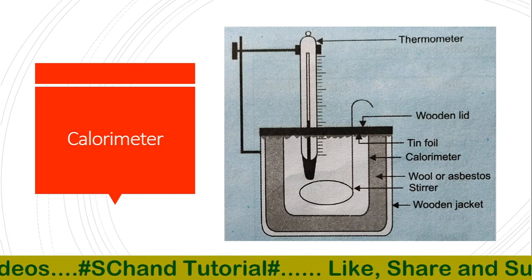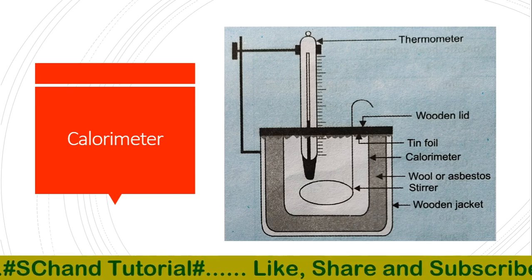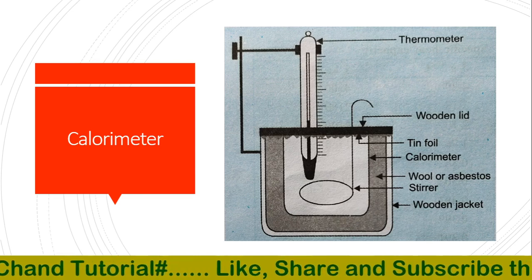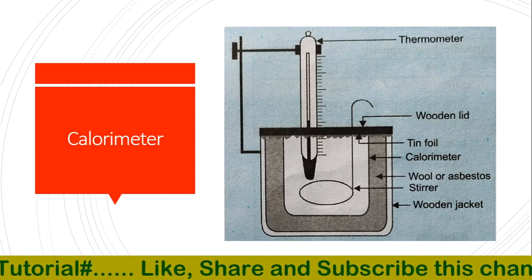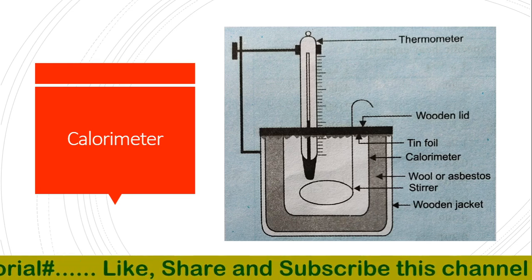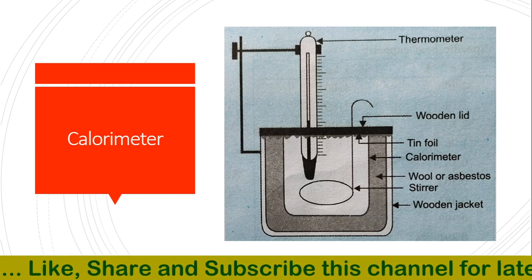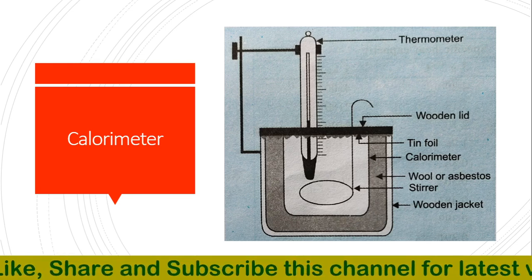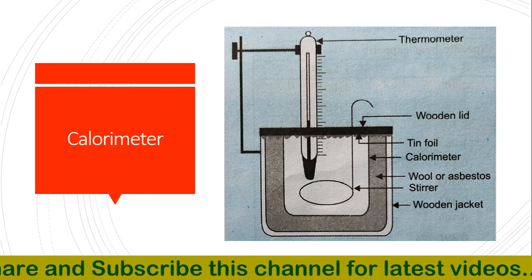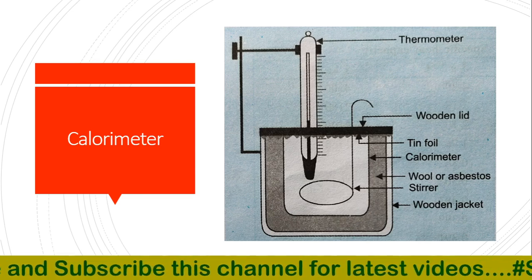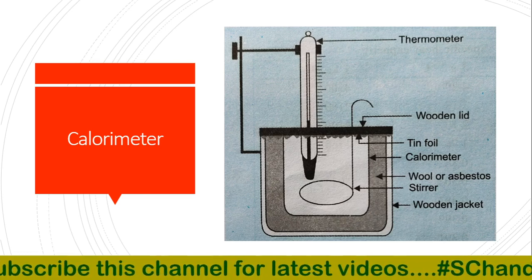These materials are poor conductors of heat energy and hence prevent the heat loss due to conduction also. And at the top, the calorimeter is covered by a wooden lid having two holes, one for the thermometer and one for the stirrer. The lid is coated with tin or aluminum foil from inside. So this lid prevents the heat loss due to convection and radiation.